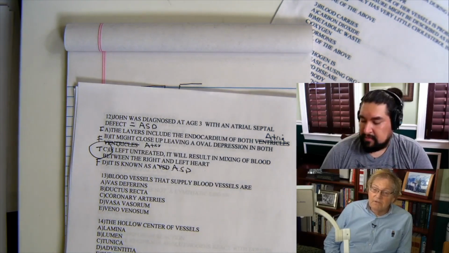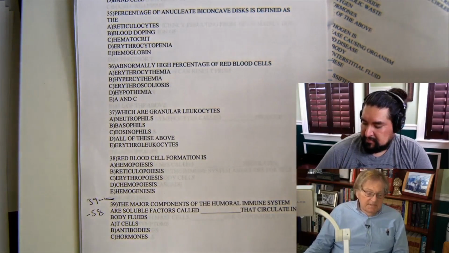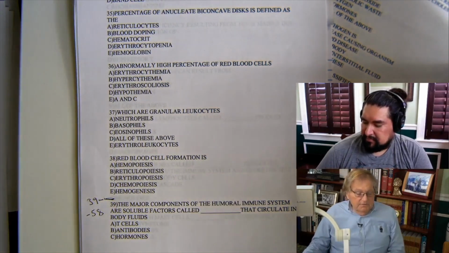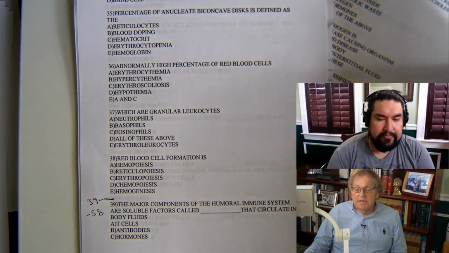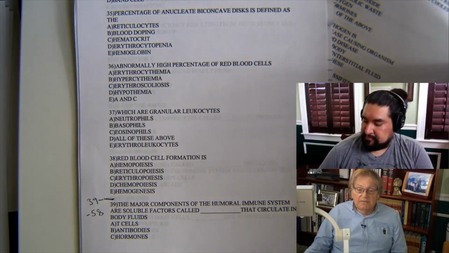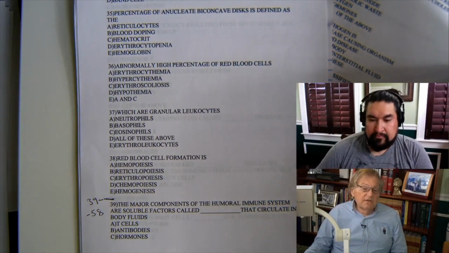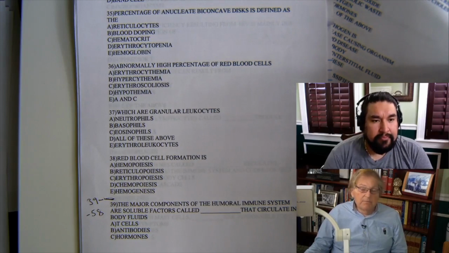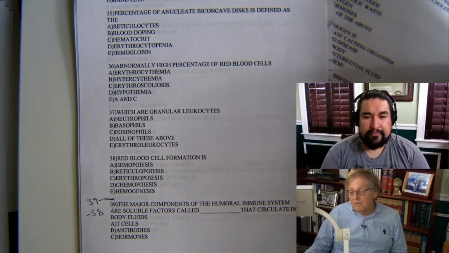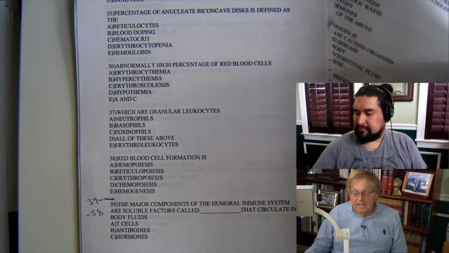The other thing, if you take a look at the immunity paper, there are 20 questions on it, and you'll see that those questions are exactly the same as questions 39 through 58 of the test. So it's 20 repeated questions. I would read the paper and you'll be able to answer these questions, not only in the immunity paper, but also in this sample exam.